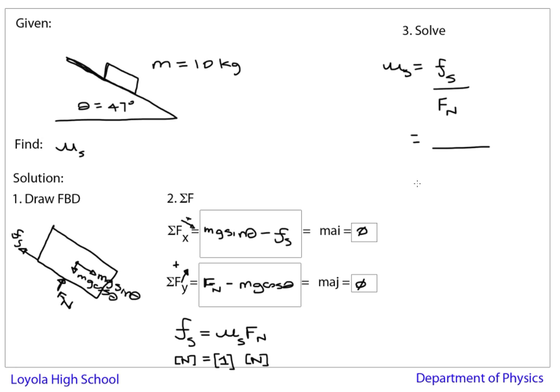mg sine theta minus f static is equal to 0. So f static is basically mg sine theta. The normal force, F_N, minus mg cosine theta equals 0.